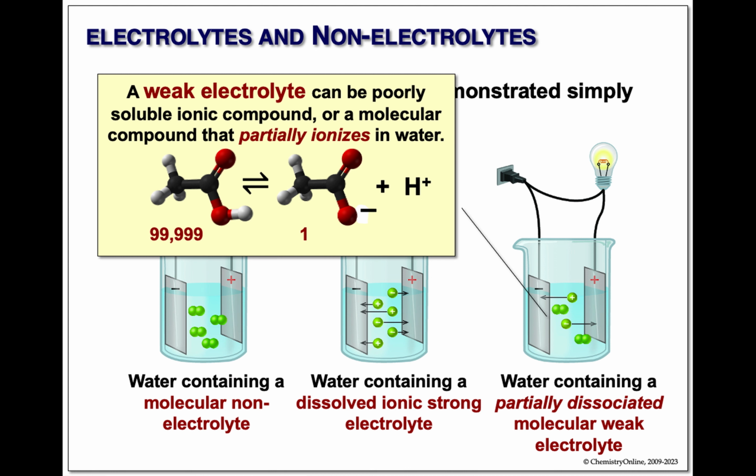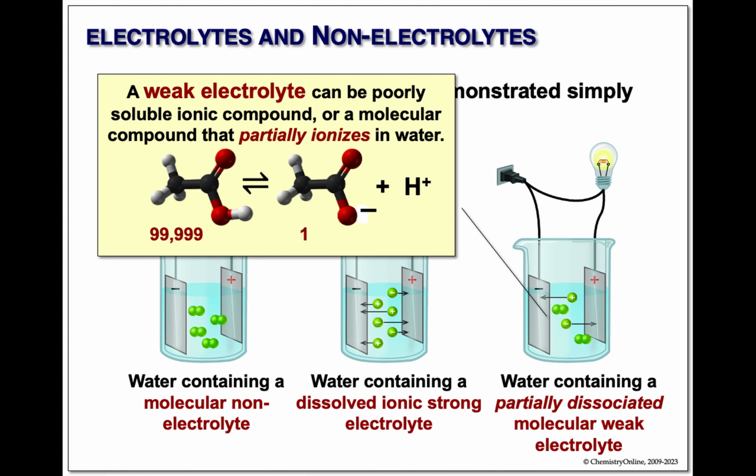But the ratio of these two is roughly 100,000 to 1. So there's only a tiny bit of ions formed from acetic acid. Because of that, instead of the bright bulb, we get one that is dimly lit.